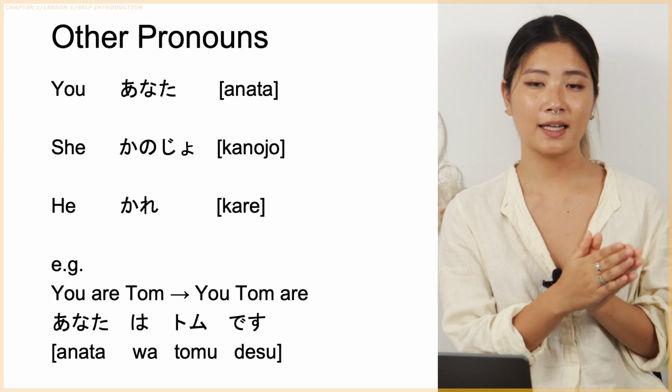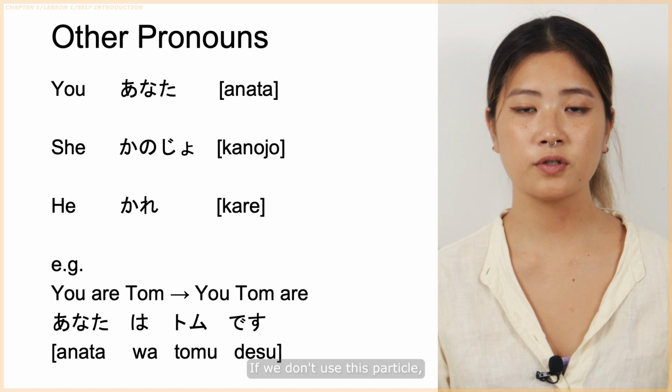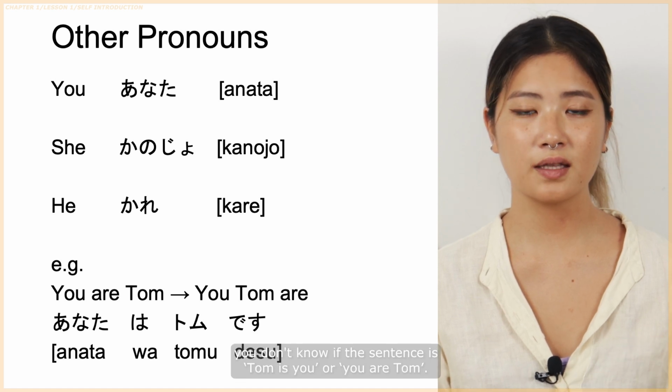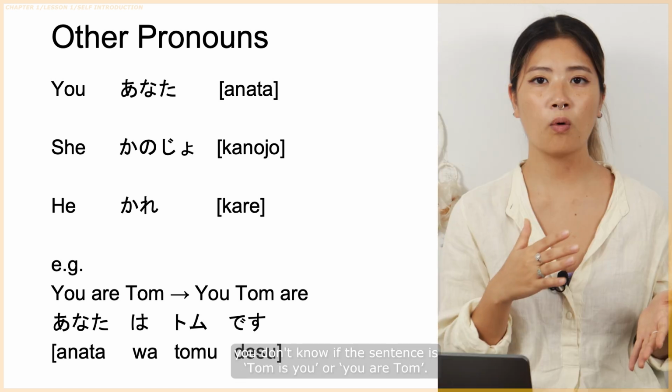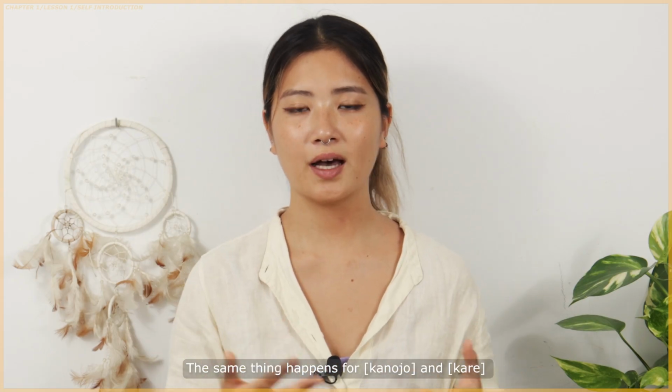So it should be あなたはトムです. Otherwise, if we don't use this particle, you don't know if the sentence is Tom is you or you are Tom. Same thing happens for 彼女 and 彼.